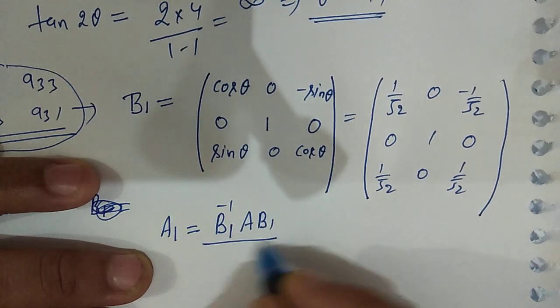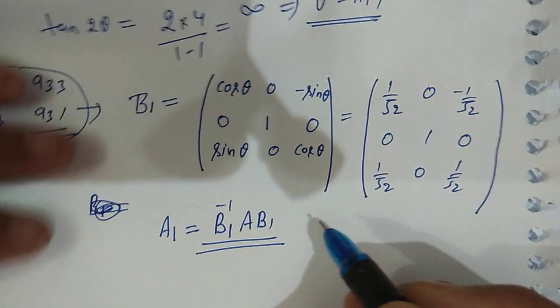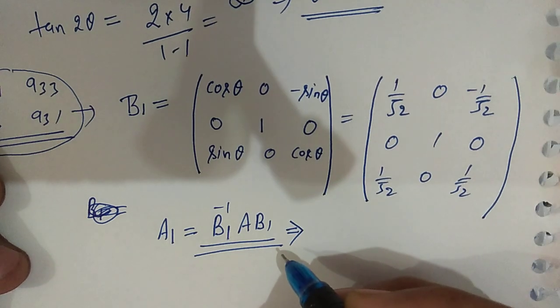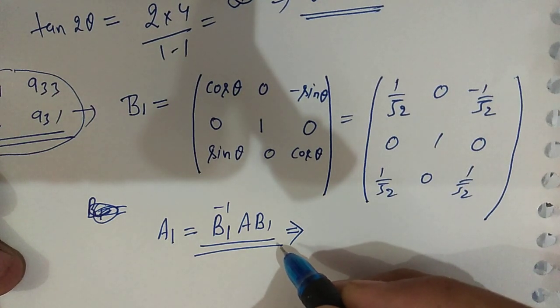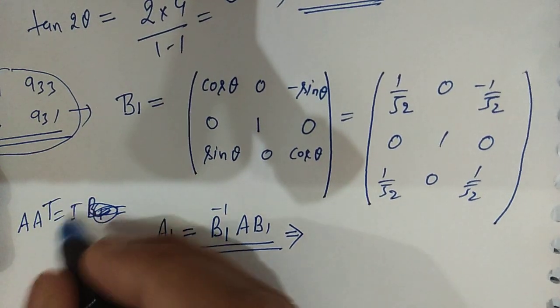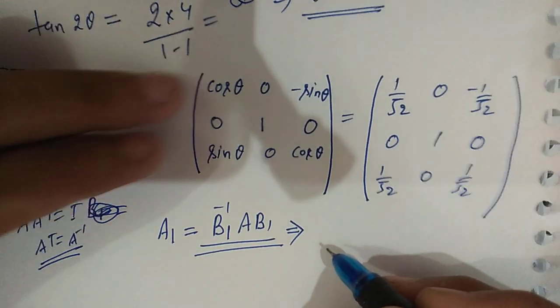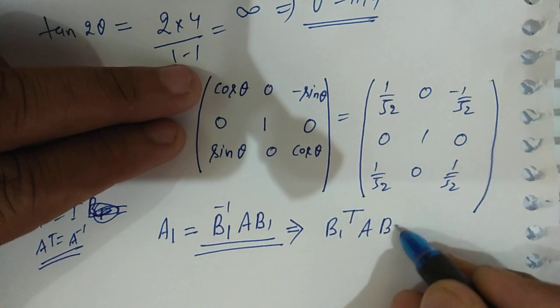Since this is an orthogonal matrix, the inverse can be replaced by the transpose, because for an orthogonal matrix, A into A transpose equals identity, so A transpose equals A inverse. So we can have B1 transpose A B1.